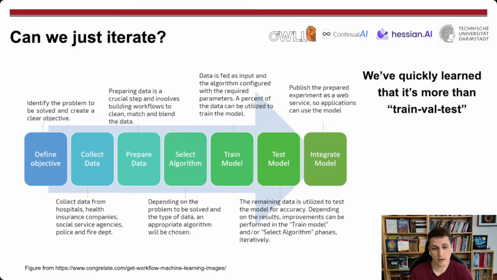And we started this entire course with the question: if we want to do something like lifelong or continual learning, is it as easy as just iterating over these steps? And we've come fairly quickly, already in the first lecture, to the conclusion that it is possibly way more complicated than the typical train validation test split.